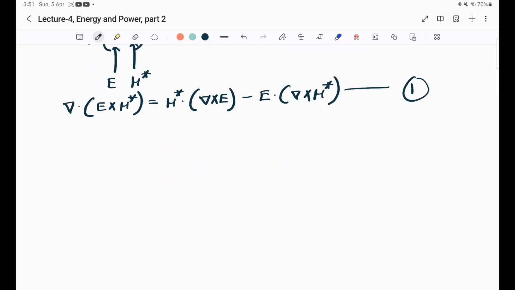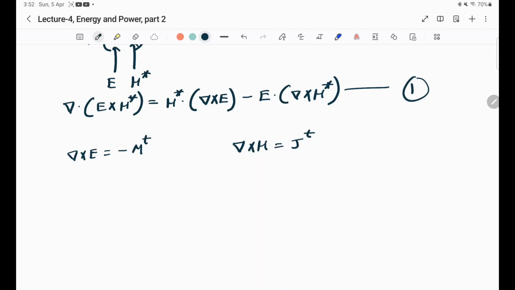Now exactly what we did in lecture number 4 part 1, we are going to use the current concepts, which is we know that del cross E is equal to negative of M total and del cross H is equal to J total. Now if you watch here carefully, this del cross E has been multiplied with H conjugate and here we have a del cross H conjugate.